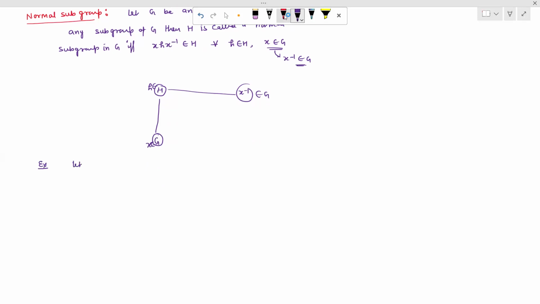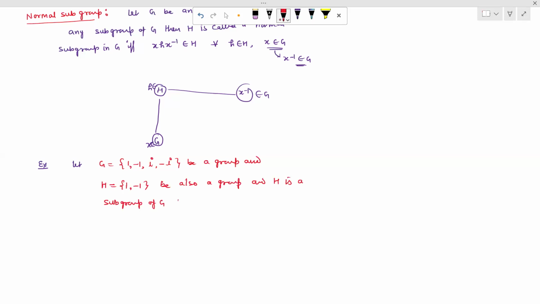Let G be equal to 1, minus 1, iota and minus iota, be a group, and H equal to 1 and minus 1 be also a group. So H is a subgroup of G.